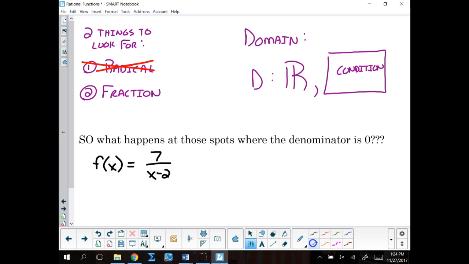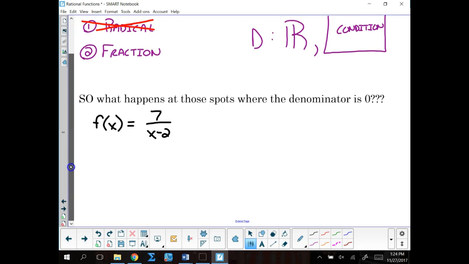Our goal is by Wednesday to be able to graph these things. Which means we got to do some stuff today and some stuff tomorrow in order for Wednesday to work. We will graph 7 over x minus 2 or something very similar to it by Wednesday.